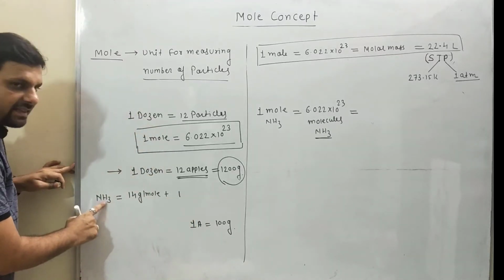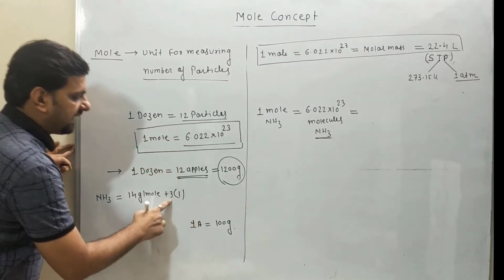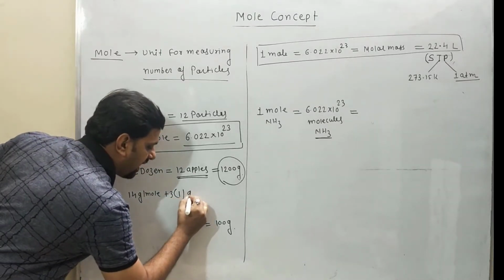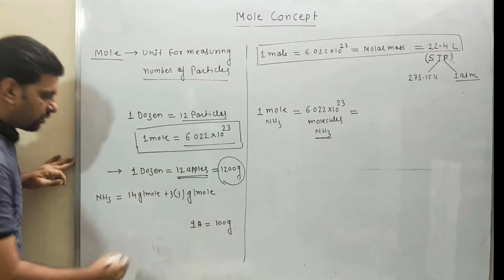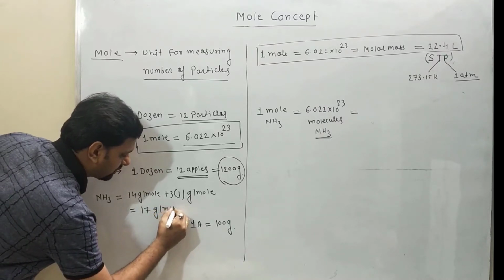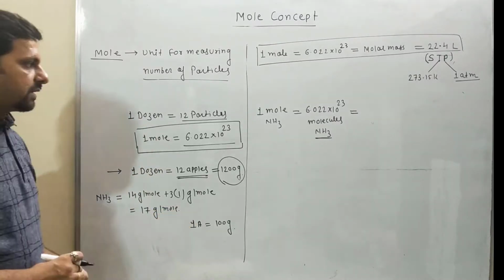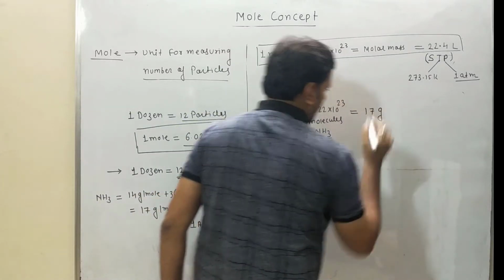How many atoms are present? 3. So multiply by 3: 3 into 1, 3 gram per mole. Clear? So total 17 gram per mole. Okay, so here I will write 17 gram.